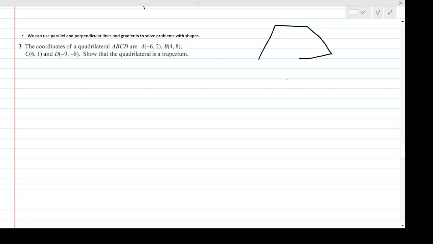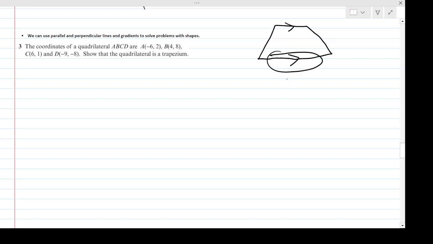And the key property of a trapezium that we will be proving is that exactly one pair of sides are parallel, in particular the top and the bottom side. The sides don't have to be parallel. We only require that one pair of sides are parallel. Okay, that's what we want to prove.